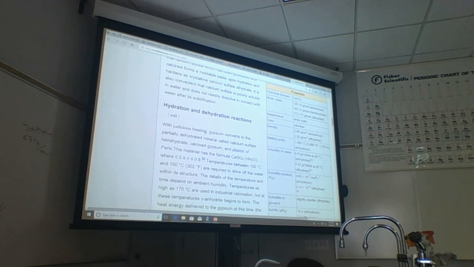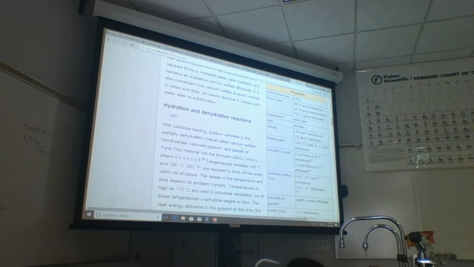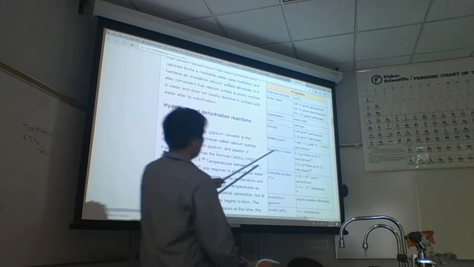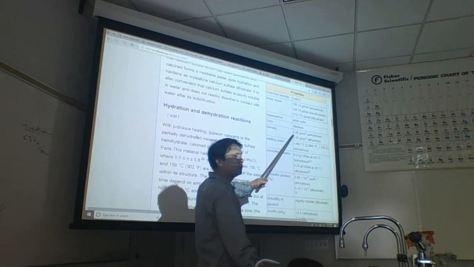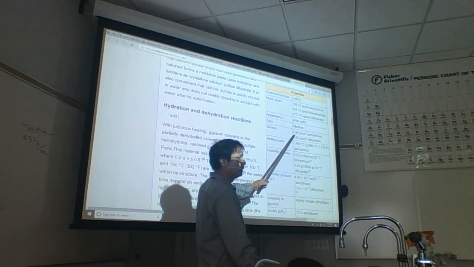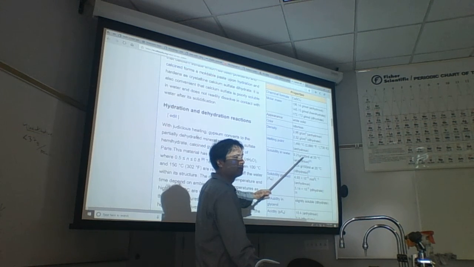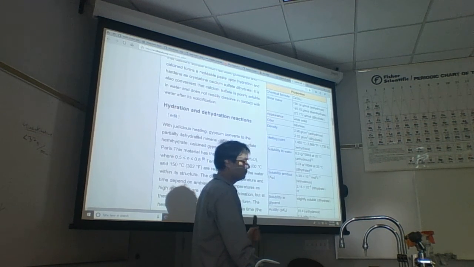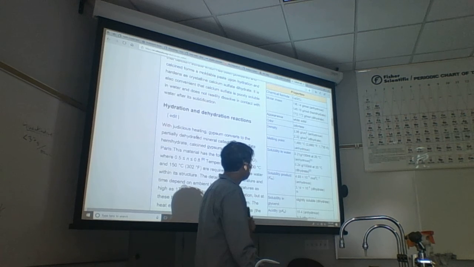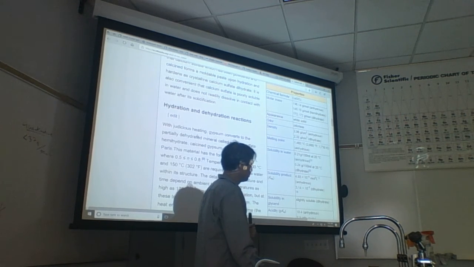No, I think it was 1339. Okay. And so this one has a higher melting point, but it's more soluble. And so this one, we need to do more data.